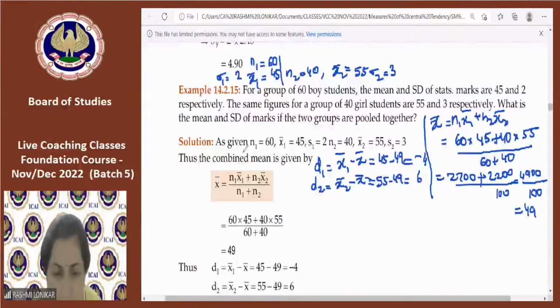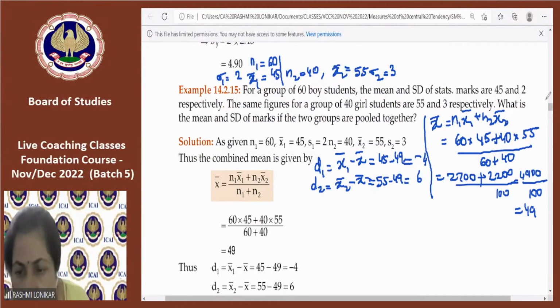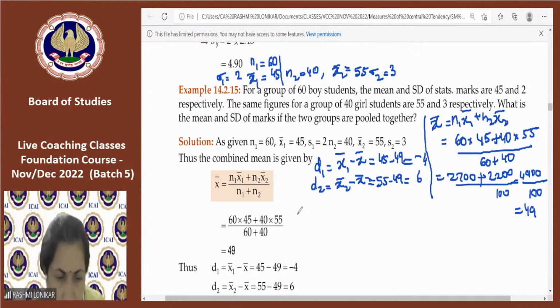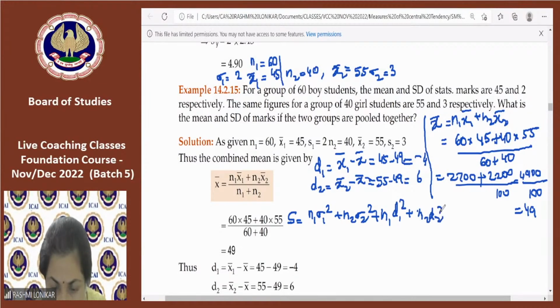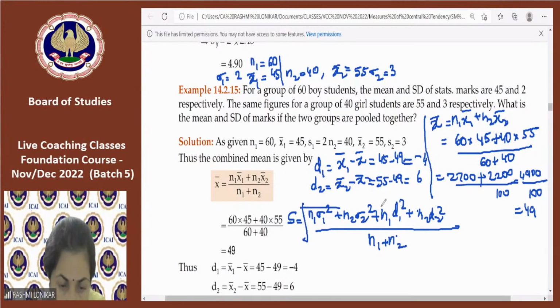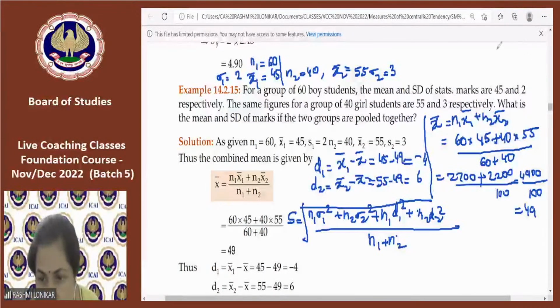So what is the formula for combined standard deviation? S will be equal to the square root of (N1 sigma 1 square plus N2 sigma 2 square plus N1 D1 square plus N2 D2 square) upon (N1 plus N2). With a square root sign, right?